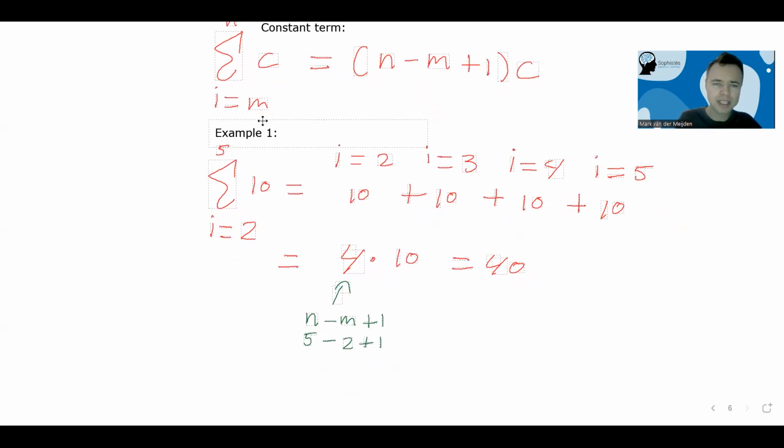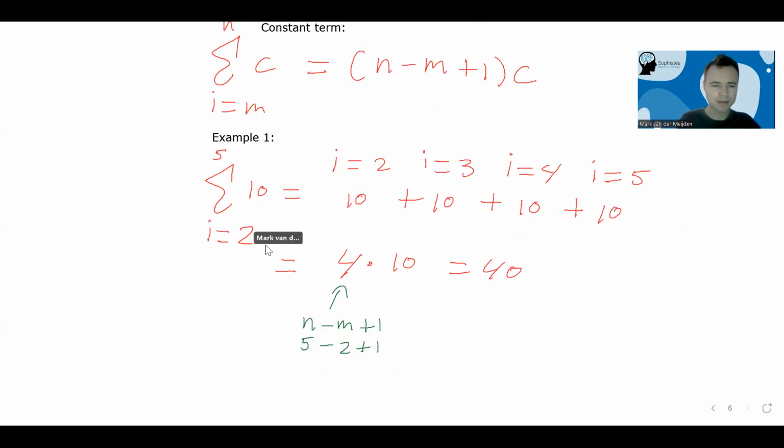So let me give you another example. The summation of i is 2 all the way up to 101.